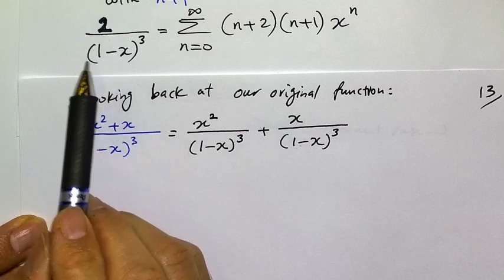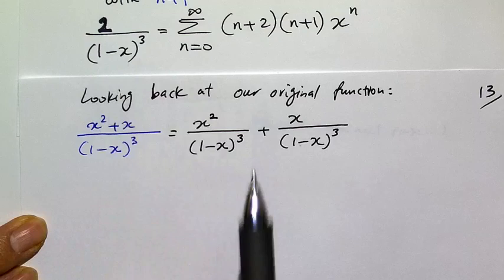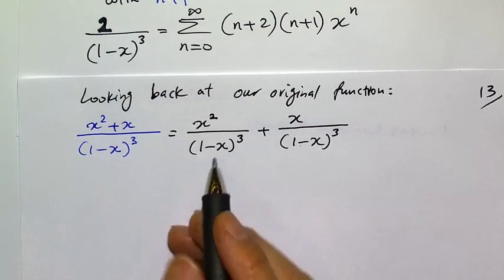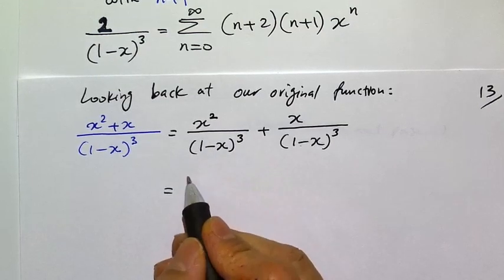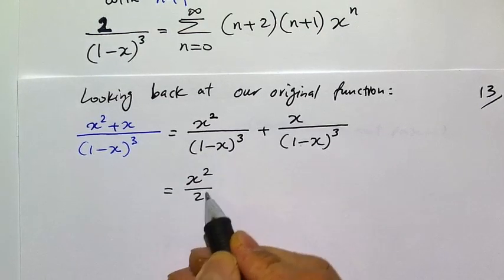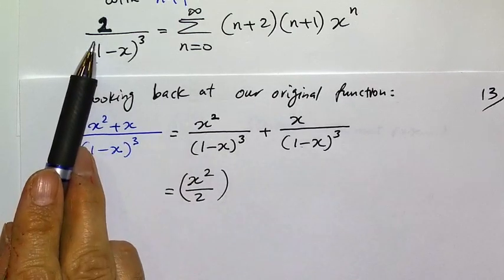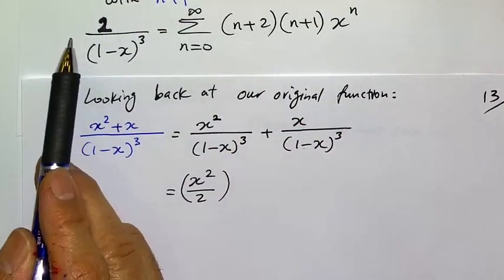The 2's cancel out. I end up with x squared over the denominator here. So I will do that. So therefore, we will have x squared over 2 times that, because we have a power series representation for that.